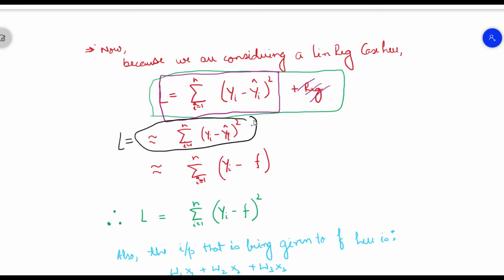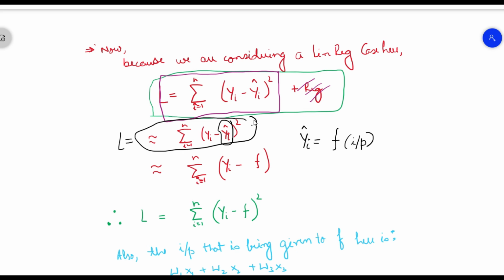Now can we write this yi cap in a more self-explanatory way? We know that the target value yi cap is the value predicted by our model that we have generated using the activation function. So it is equal to f applied on the input coming to f.